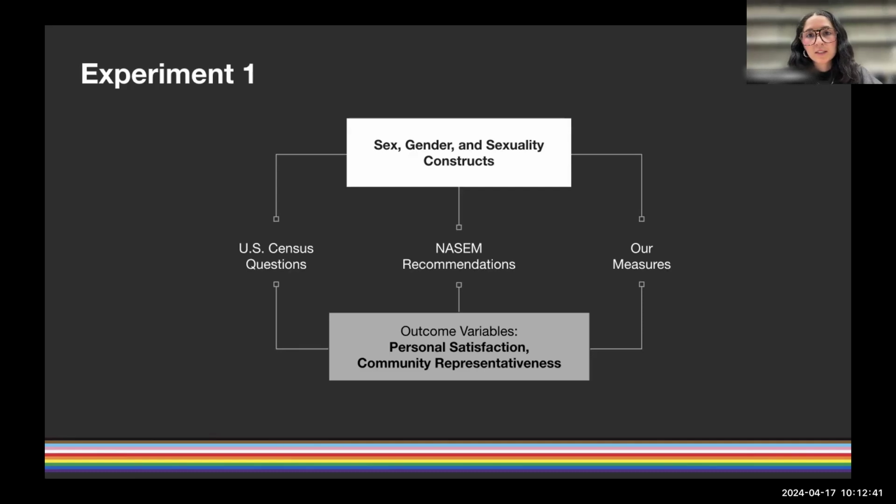And then we finally designed our own measures based on gaps that we identified and synthesis of the existing literature. Then we asked respondents, as outcome variables, about their personal satisfaction and community representativeness. So whether they think the questions would adequately represent others that they know in the community in addition to themselves.